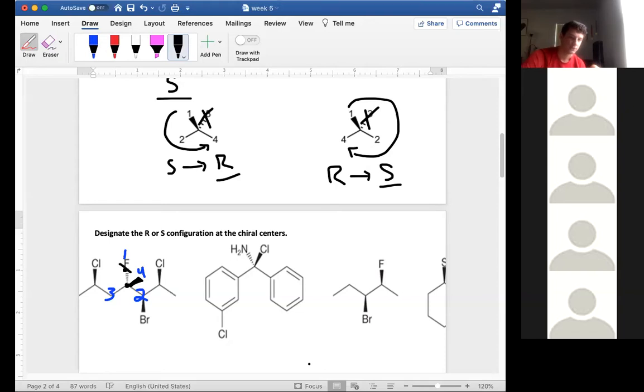So you ignore what's dashed. In this case, that would be 1. So 2, 3, 4. Right now, that's R. Do we flip it? No. Oh, yes, yes, yes. So what we covered was a 1 or 3, so we do flip.